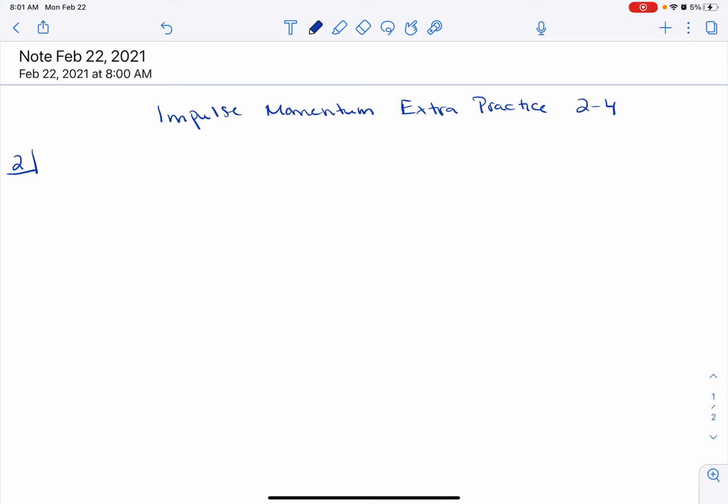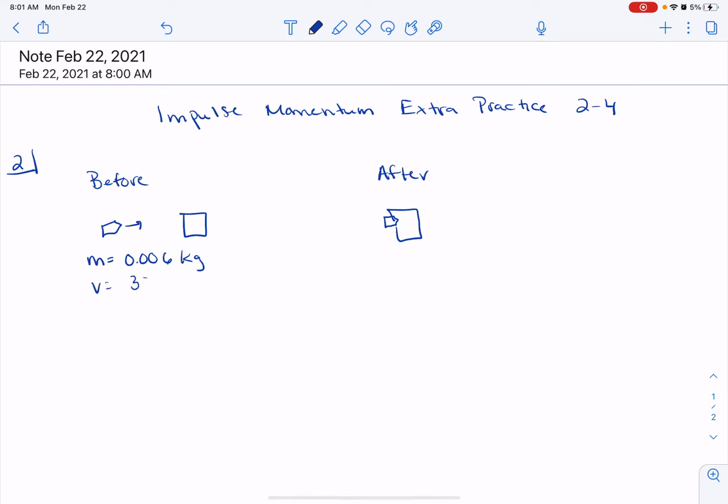So in all of these problems, we're going to start with a sketch for before and after our collision. Before, we have our bullet and it is moving, and after, the bullet is stopped by the container. Now we're going to label it. The mass of the bullet is 0.006 kilograms, and the velocity is 350 meters per second.